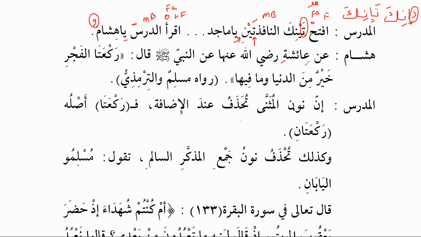An Aishati, who is this? The wife of Sallallahu Alaihi Wasallam. He starts reading An Aishati radiyallahu anha an Nabi sallallahu alayhi wasallam qal. So the hadith is coming directly from Aisha, the wife of the Prophet. Raq'ata al-fajri. So the teacher tells Hashim to read the lesson, and the lesson is the hadith. So this hadith is directly from Aisha radiallahu anha.